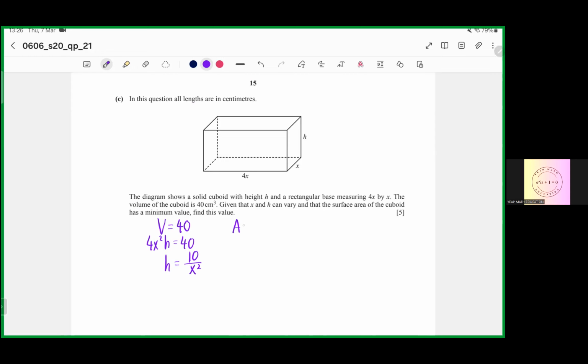So we set A equals 2 times 4x times x plus 2 times xh plus 2 bracket 4x h, equals 8x squared plus 2xh plus 8xh, equals 10xh. Now we can substitute for h because we can differentiate with respect to one variable only.